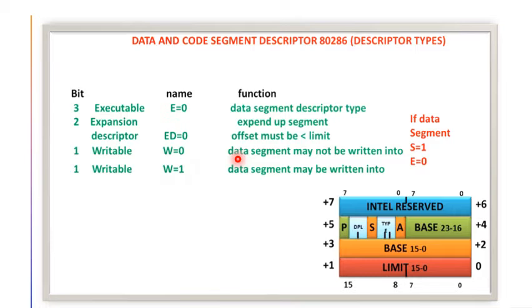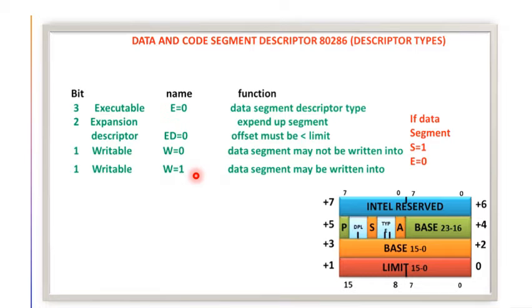Next is bit number 1, which is the writable bit. When the writable bit is equal to 0, the data segment may not be written into, and when it is equal to 1, the data segment may be written into.